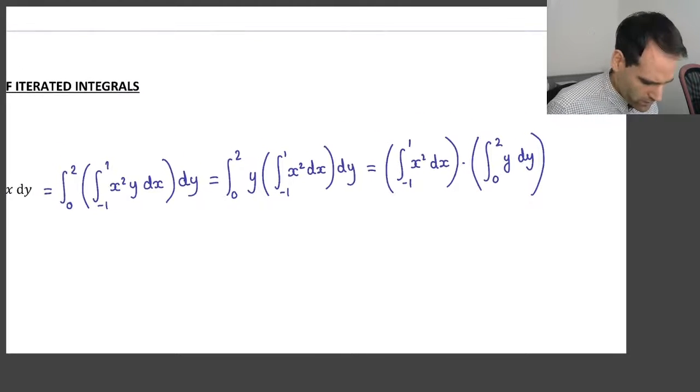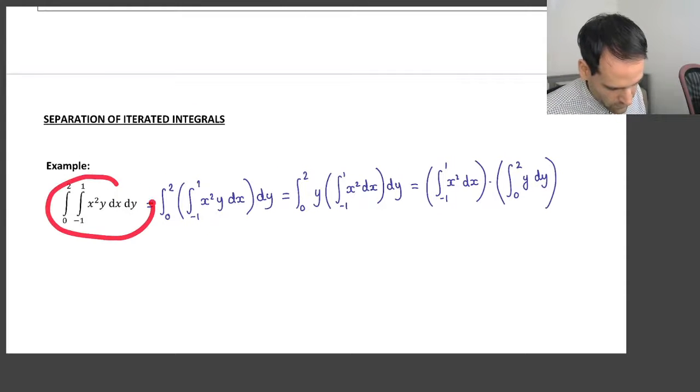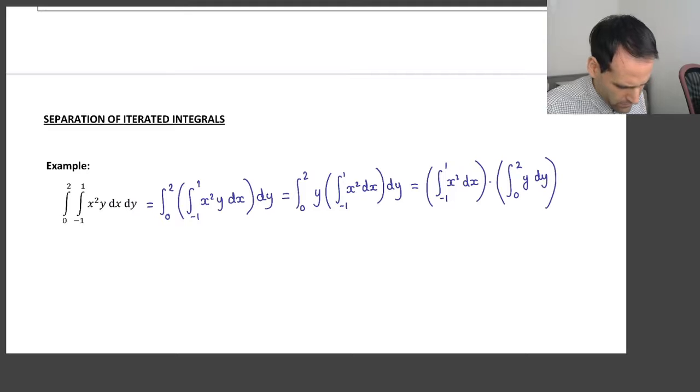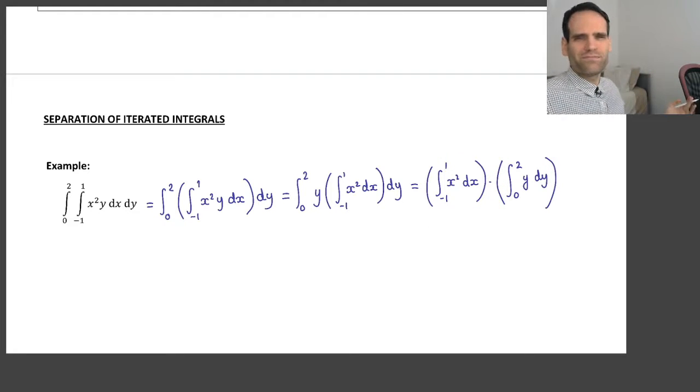Wow! So this basically means that a double integral, which normally I have to calculate as an integral inside of an integral, I can actually also calculate as an integral multiplied by another integral, which is even easier, right?